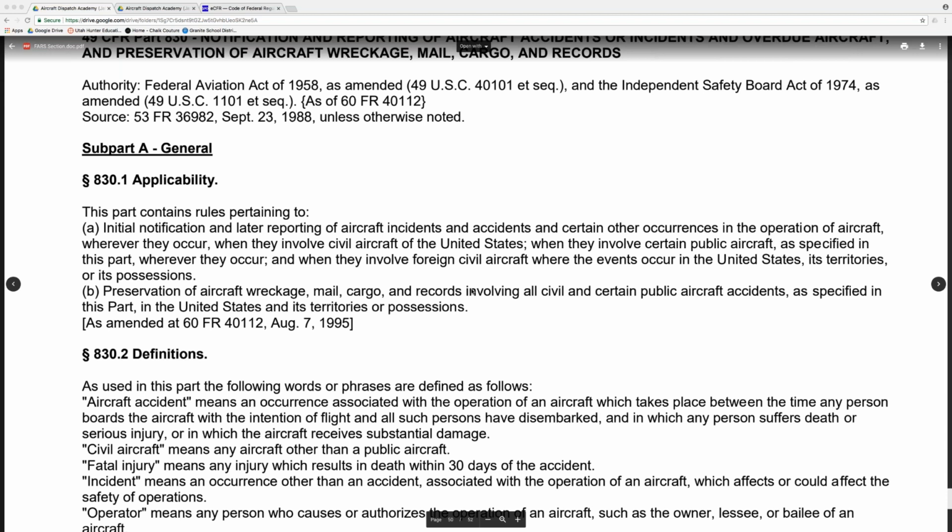B, preservation of aircraft wreckage, mail, cargo, and records involving all civil and certain public aircraft accidents as specified in this part in the United States and its territories or possessions. Okay.